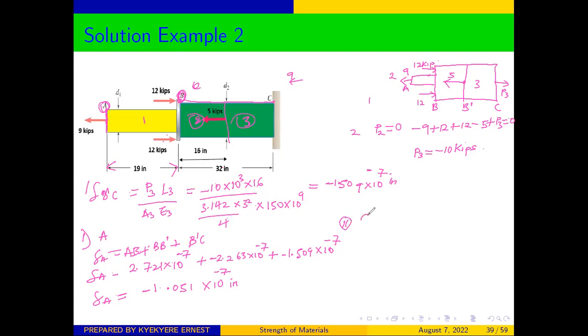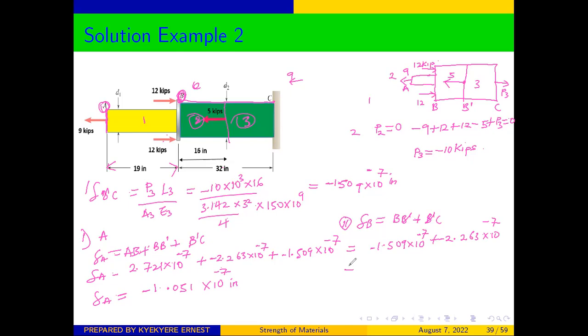So the deformation at B will be equal to the sum of section BB prime plus B prime C. Our total deformation at B is going to be negative 1.509 times 10 to the power negative 7 plus negative 2.263 times 10 to the power negative 7 as well.